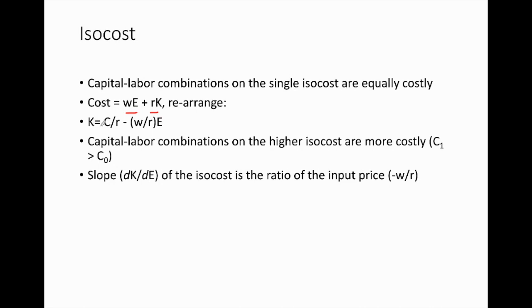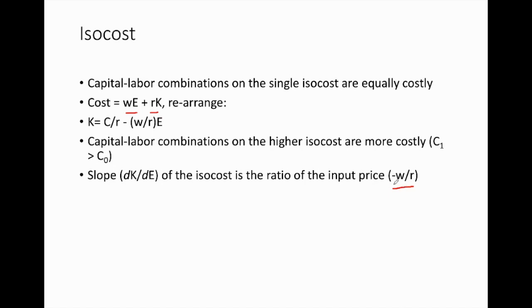So K is equal to, replacing cost with capital C, C over R minus W over R times E. In order to calculate the slope, we find the change in capital over change in employment, and it is given by the input prices W over R, and it should be negative.